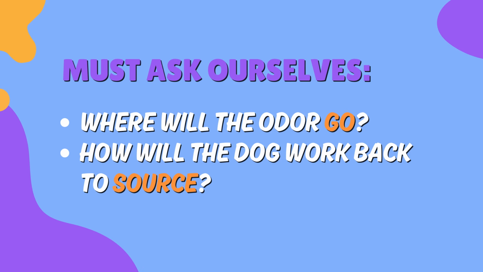So when we're designing our searches, some of the things that we want to ask ourselves is, where is it that the odor is going to go when I've set this hide? And how is it that the dog is going to be able to work their way back to source? How are they going to use the odor information within the search area in order to get back to where I've set the hide?